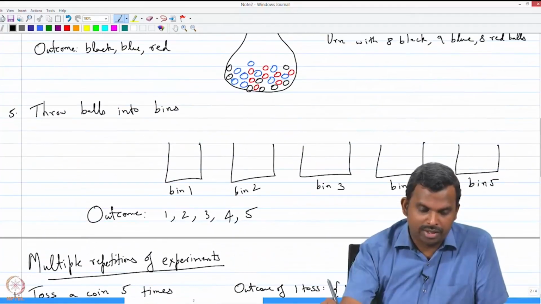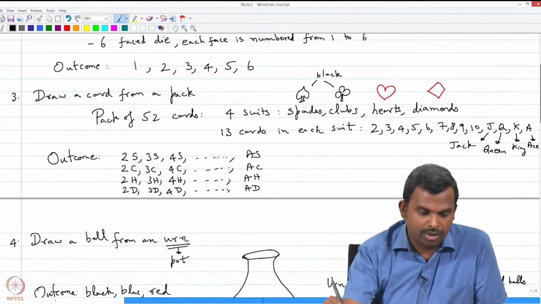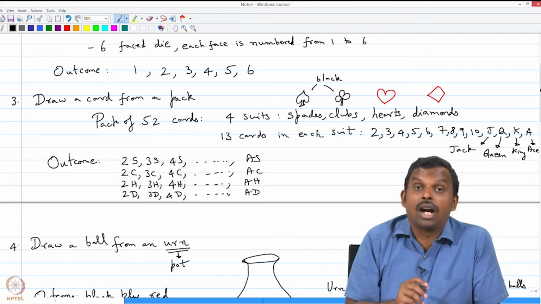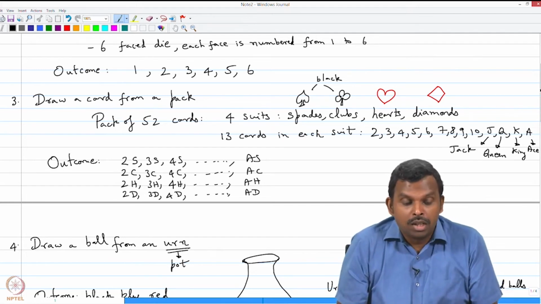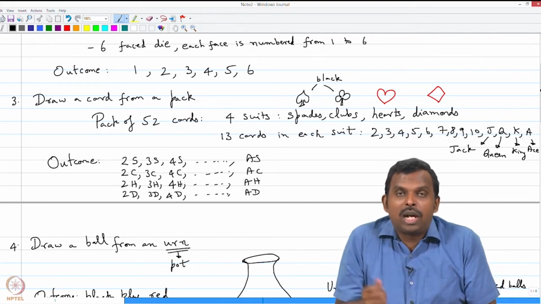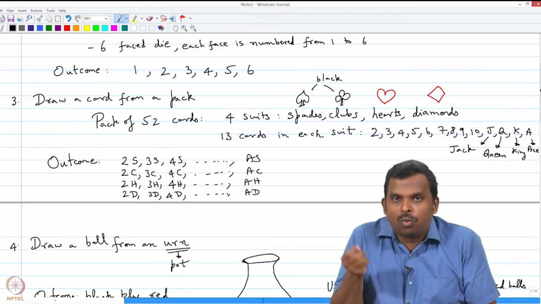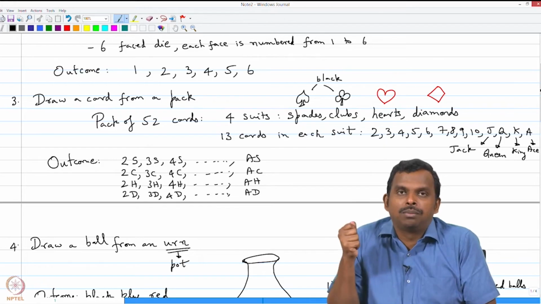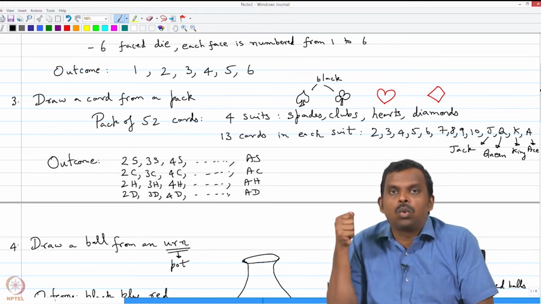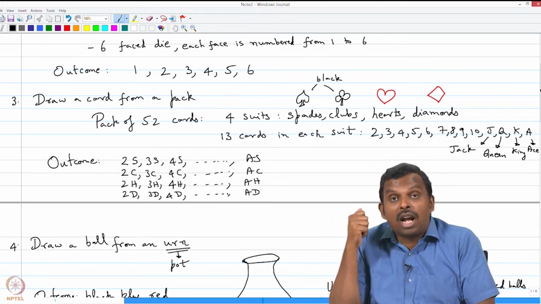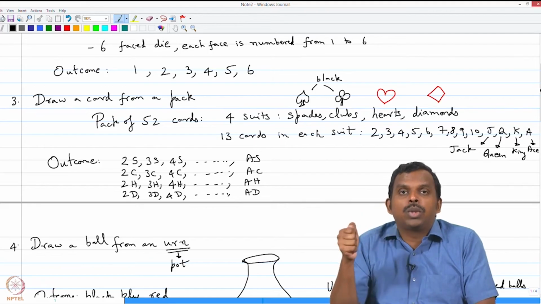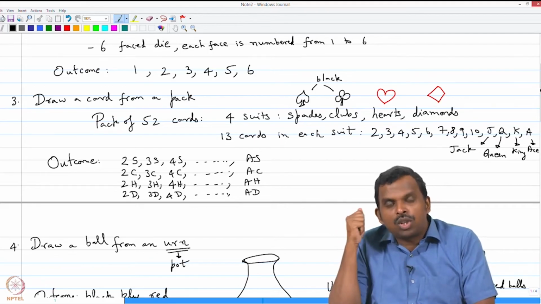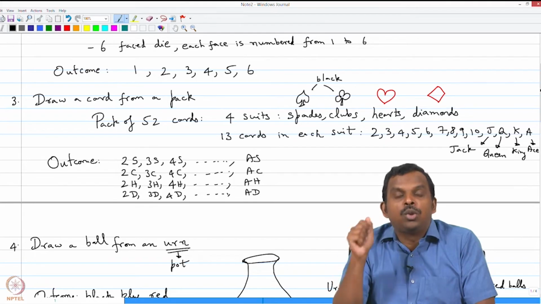They are also quite interesting. The third experiment we looked at was drawing a card from a pack. So far you had just one die and you kept on throwing, or one coin you kept on tossing. Now what happens when you draw a card from a pack? You've already taken one card out. Now when you want to draw another card, one important question is, do you put that original card back or do you not?